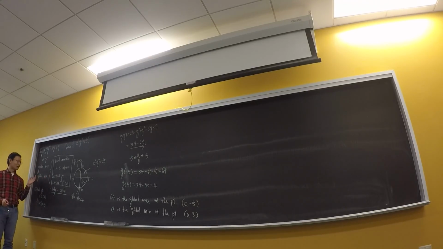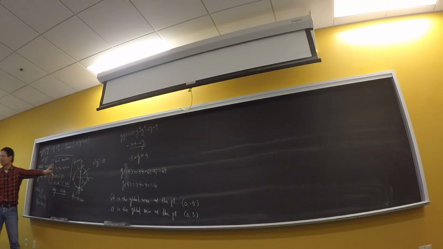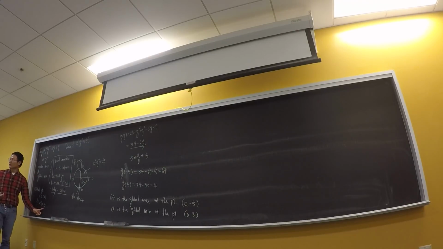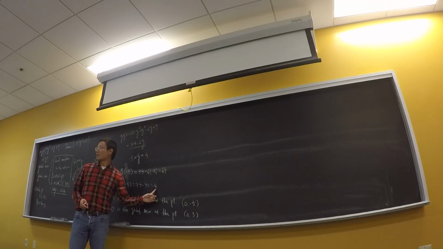So a very strict justification will be the following. If this global minimum is achieved in the interior, it has to be a critical point, which is right here. If it is achieved on the boundary, it has to be only 4.